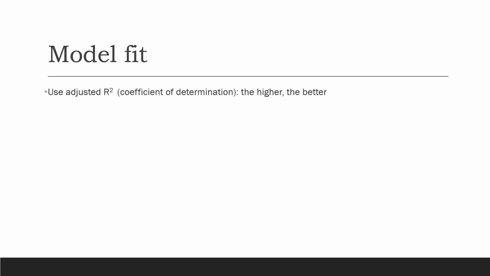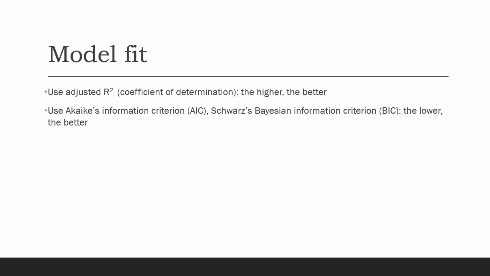Of course, the higher the better, like with linear regression. The second way is using AIC or BIC, which is the opposite of adjusted R squared, meaning the lower the number, the better.